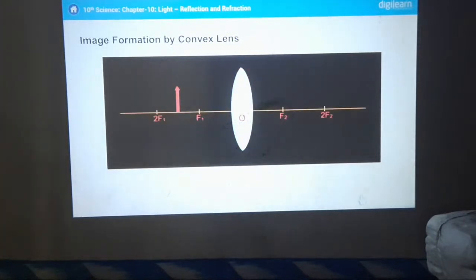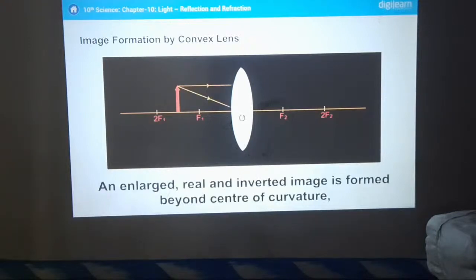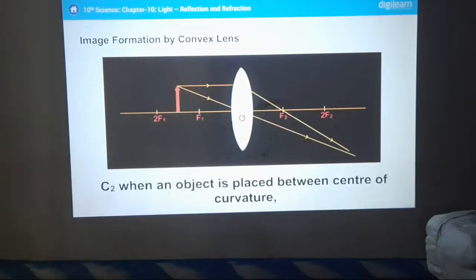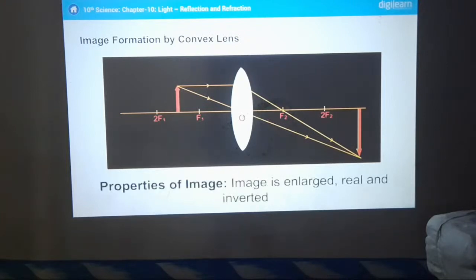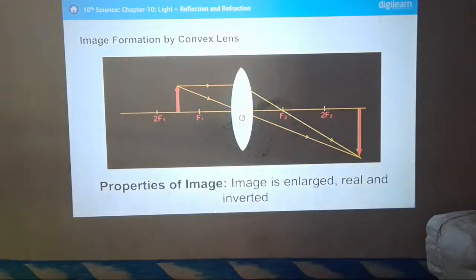Object between center of curvature C1 and principal focus F1. An enlarged, real and inverted image is formed beyond center of curvature C2 when an object is placed between center of curvature C1 and principal focus F1 of a convex lens. Properties of image: the image is enlarged, real and inverted.